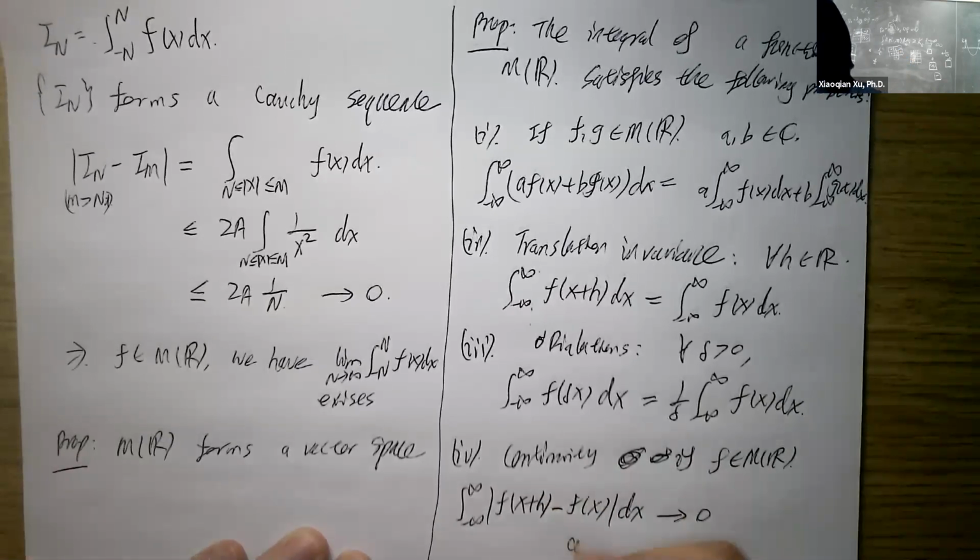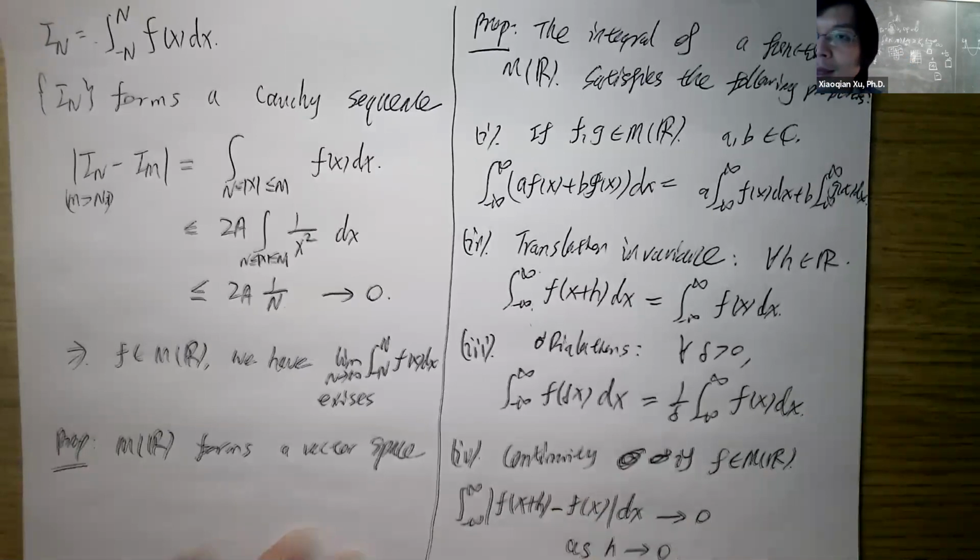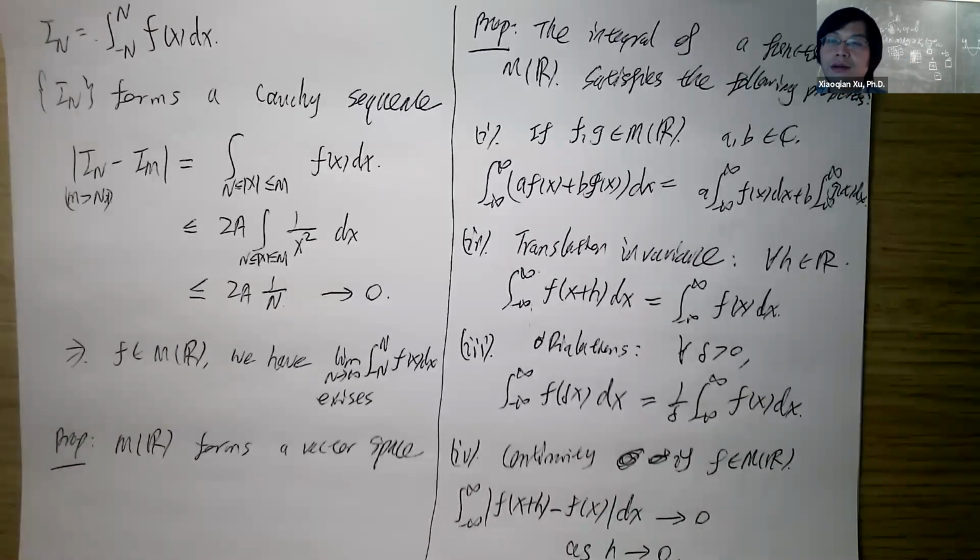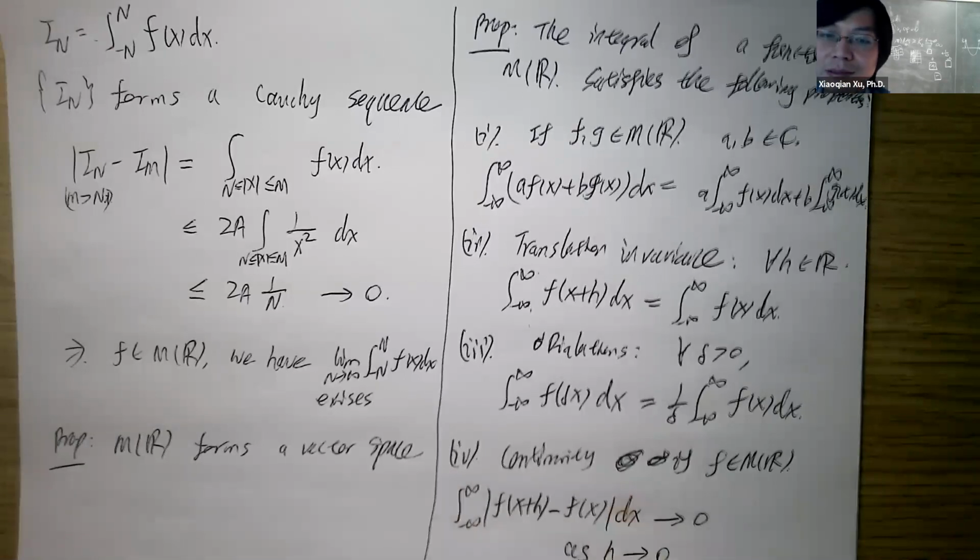In the future, if you learn real analysis, you'll find that you can even show that in one dimension, if you divide by h, you still get something bounded. This means it can be bounded by some constant times h, which is stronger than this statement.